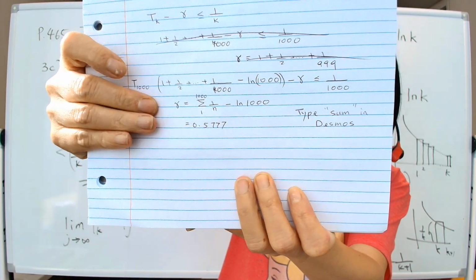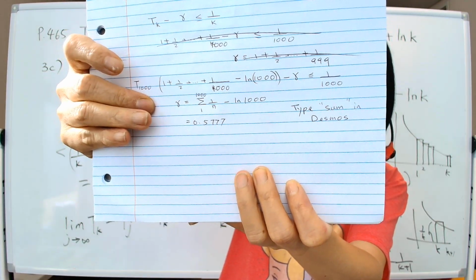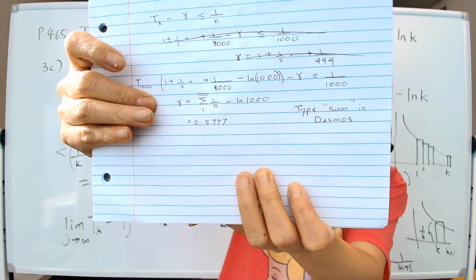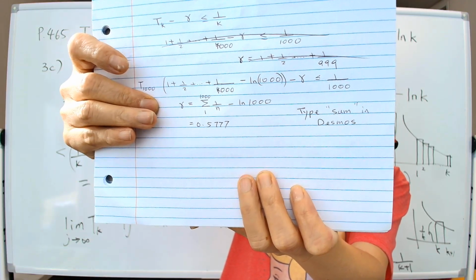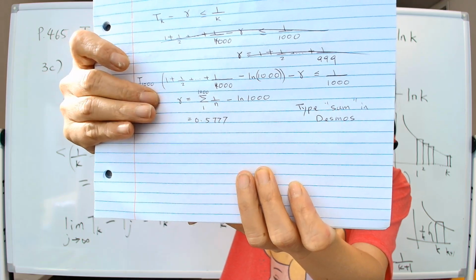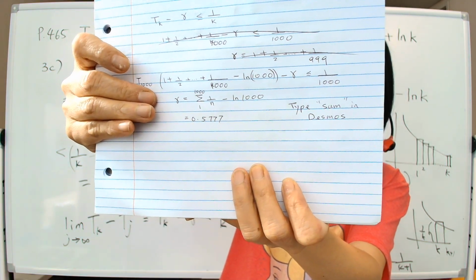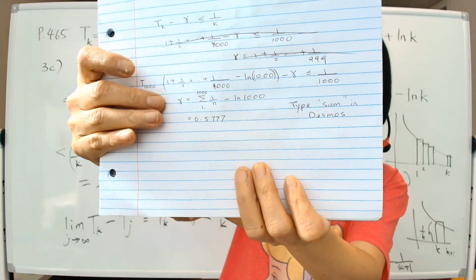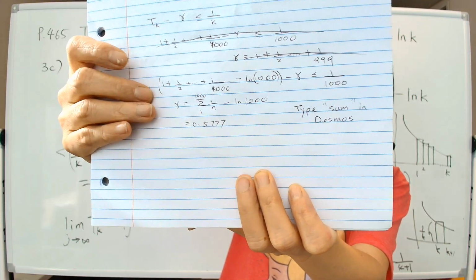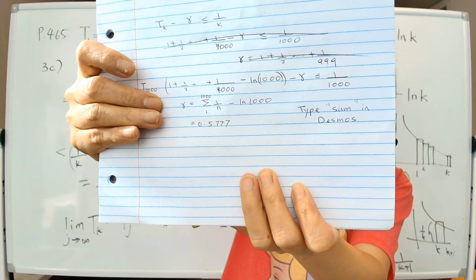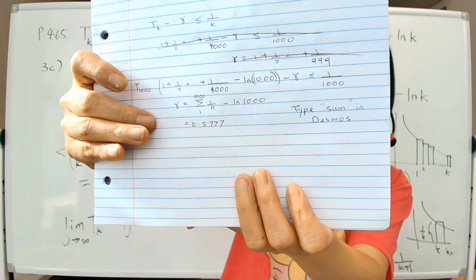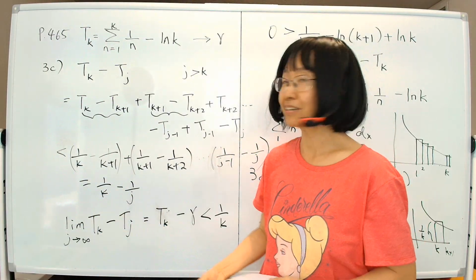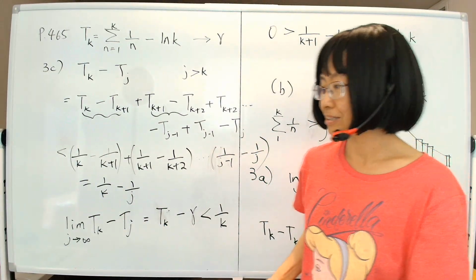For gamma at 1,000th accuracy, type it into the decimal calculator by typing in the word sum, S-U-M. Once you type in sum, it lets you enter the 1 and the 1,000 and 1 over n, and then subtract the natural log of 1,000. That comes up with some number. And that is the accurate calculation of gamma, Euler's constant.